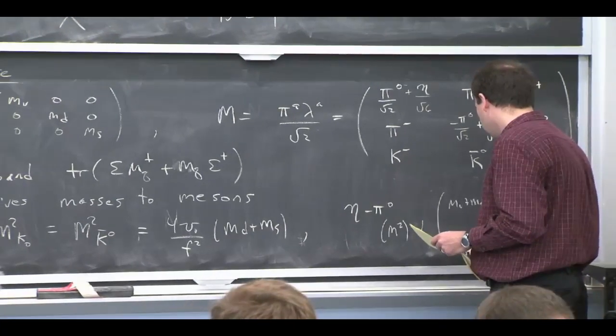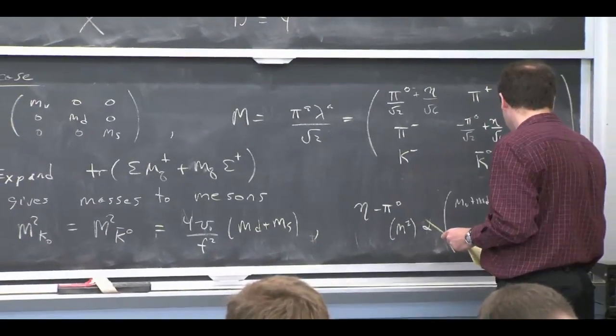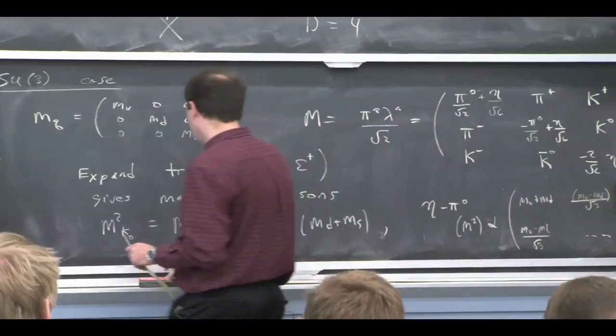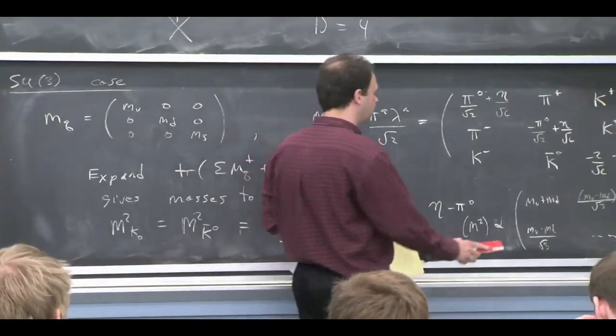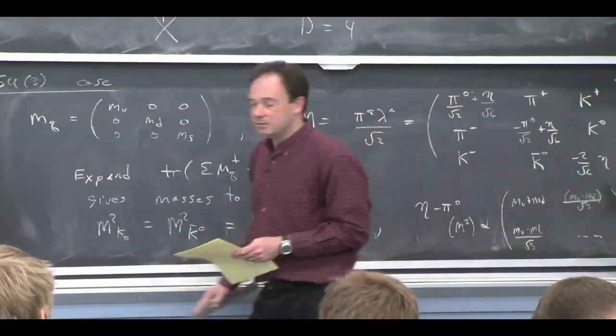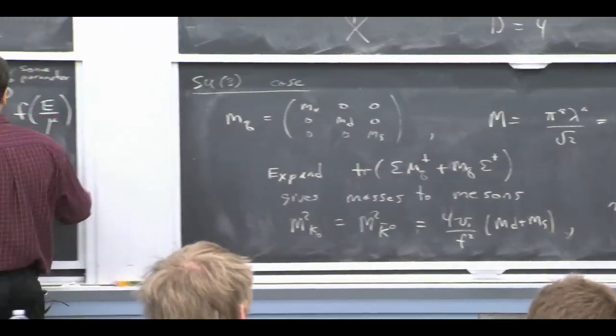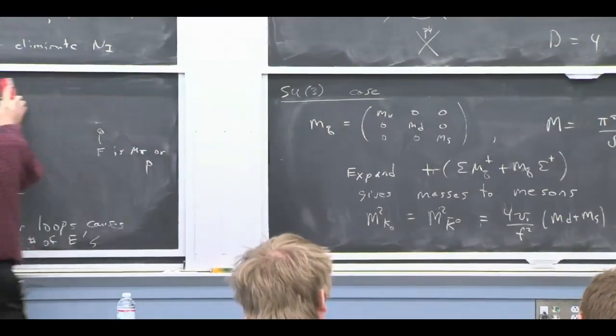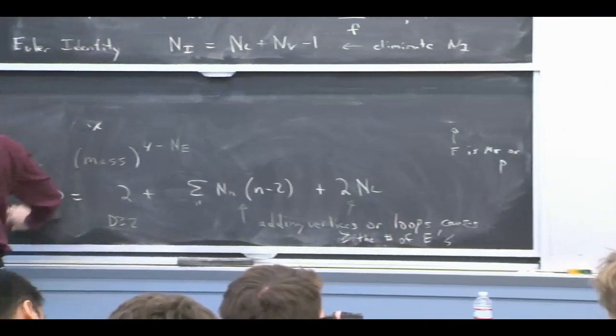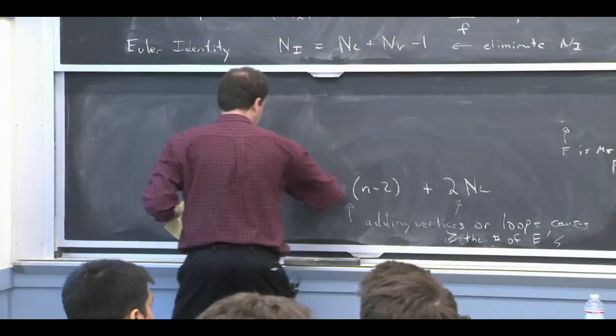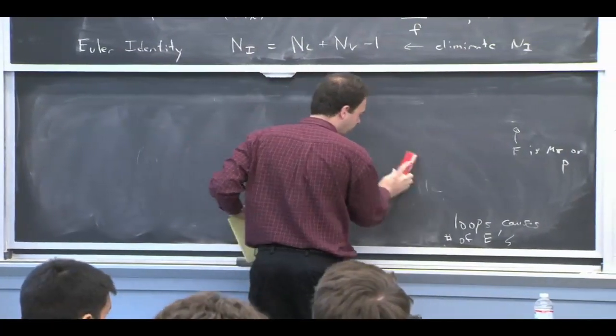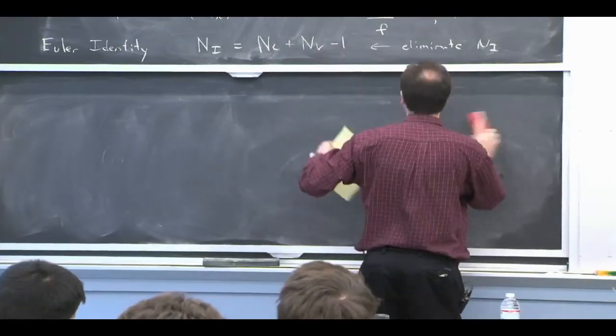So the etas and the pi 0s actually are mixing, and then there's something in this entry. And the mixing is isospin violating in the sense that it's m up minus m down, so it's a small effect. But this is something that you can predict from the chiral Lagrangian, because it describes isospin violating effects from the quark masses.